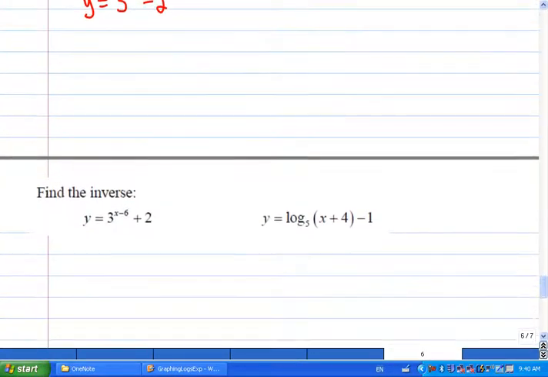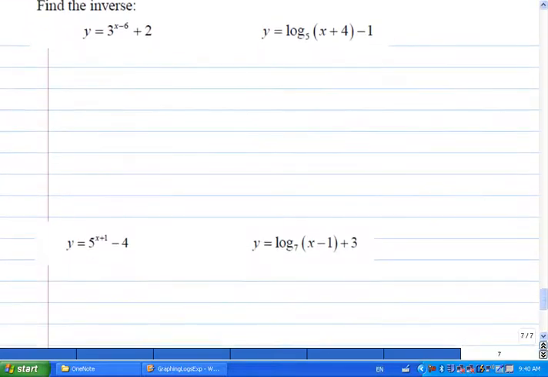Okay, so a couple inverses for you to try. You may want to pause it and see if you can do this one by yourself, and then take a look at my solution. So I'll try this one here first. Step number 1 again is to switch x and y, same as it is for every inverse we've talked about.